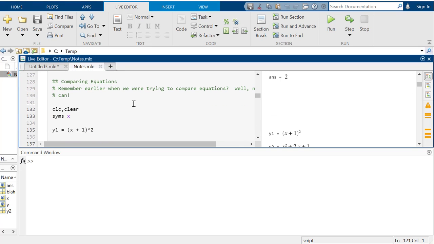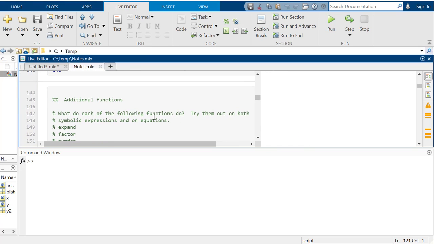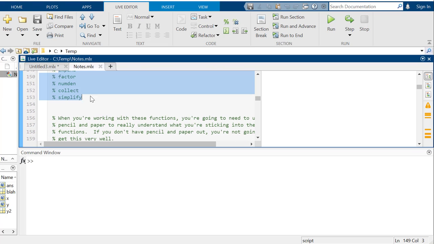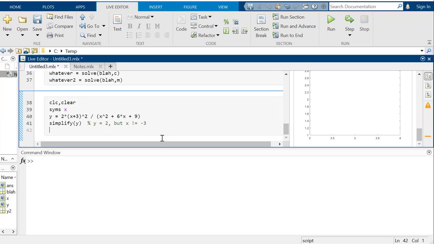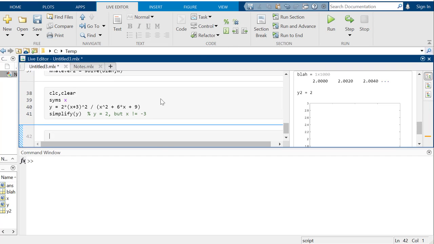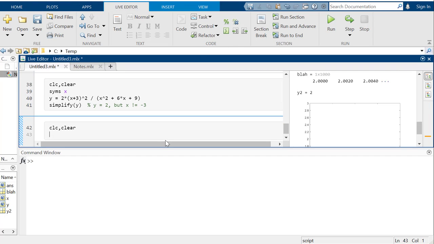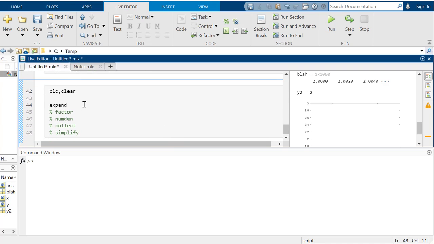Okay. So we talked about comparing the equations. There's a couple more functions that you can look at. Let's do this last bit. We have expand, factor, Numden, collect, simplify.